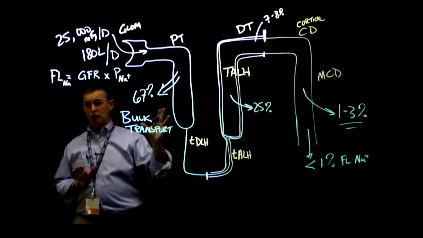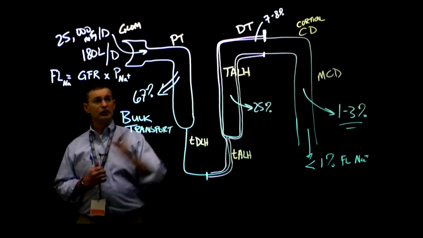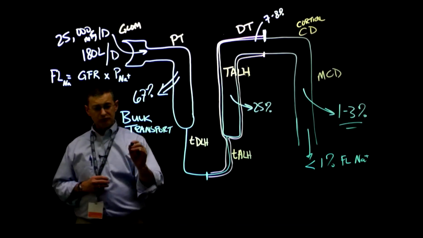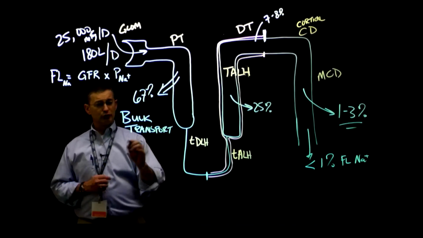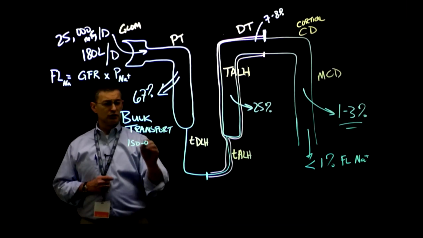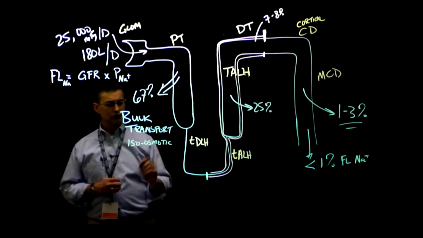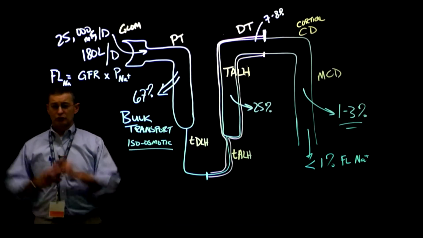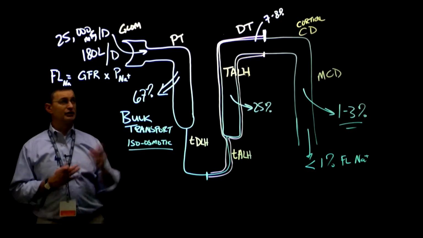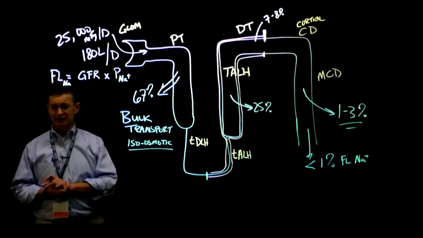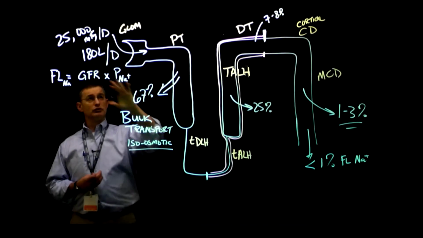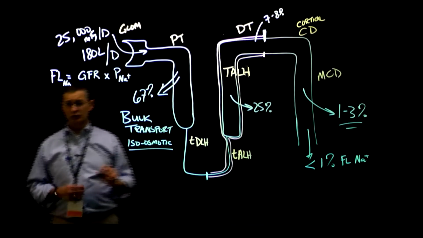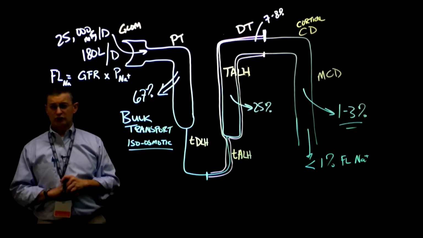It's a workhorse. It reabsorbs 2/3 of the filtered load of the system. It also has a unique component in that it is isoosmotic reabsorption. And so that means that as solutes are reabsorbed, water is reabsorbed along with it, and the osmolality of the luminal fluid remains essentially unchanged as you go from the glomerulus through to the late phase of the proximal tubule.